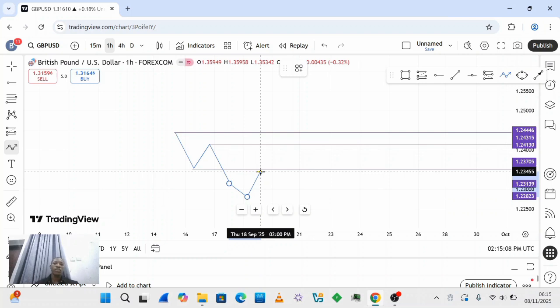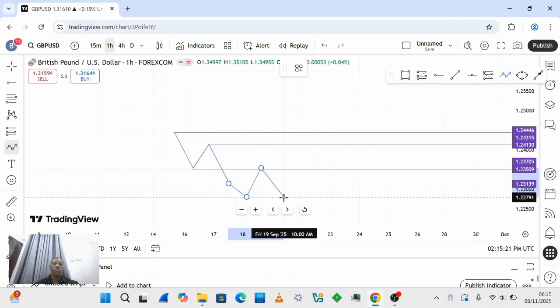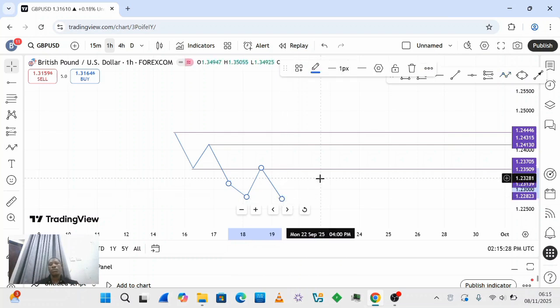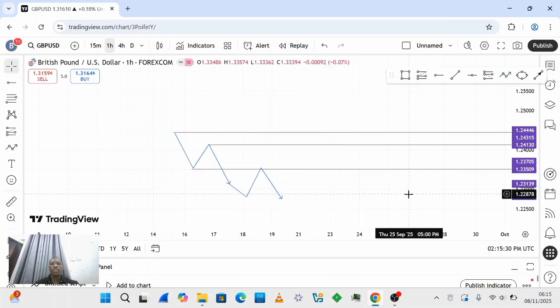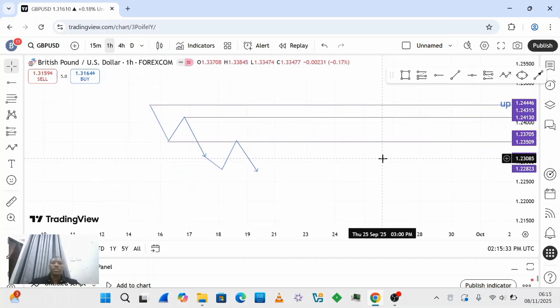This place that was a support level will automatically turn to a resistance level to sell from. That is exactly how to trade the support and resistance level using the exact market structure.